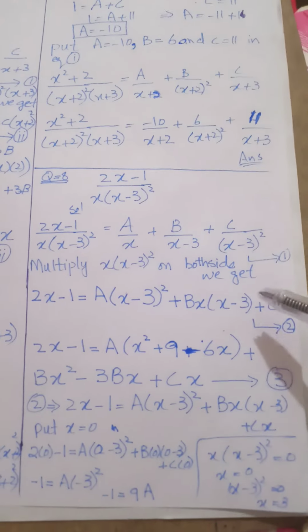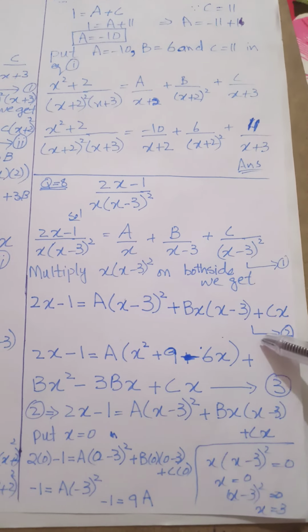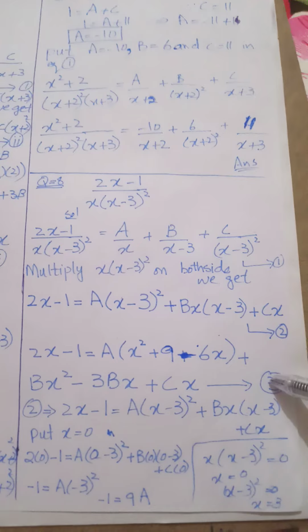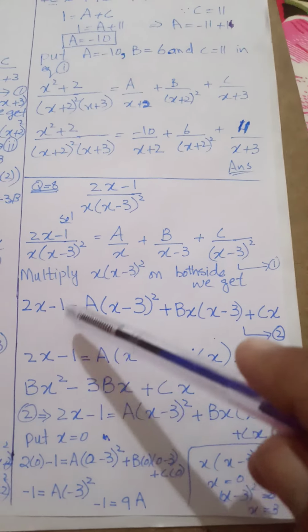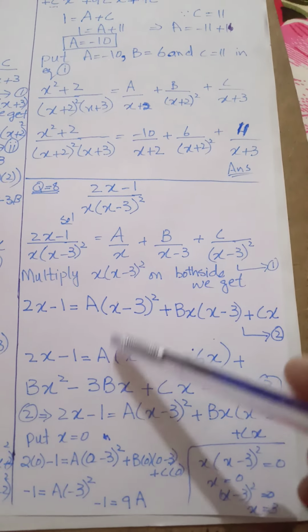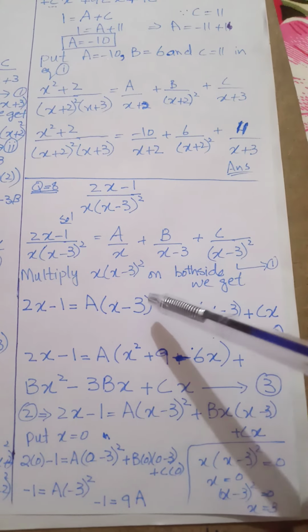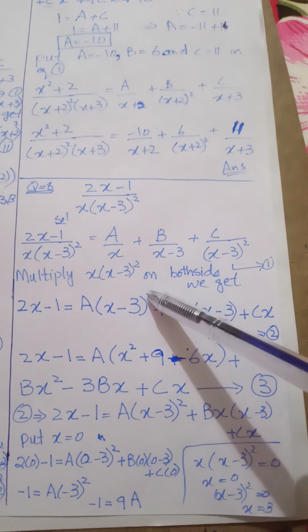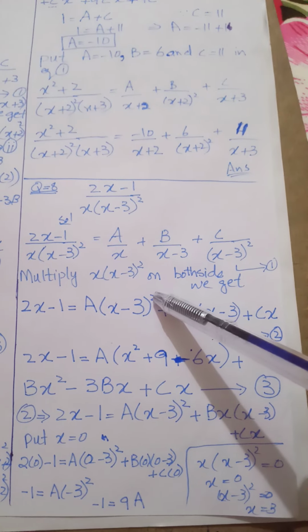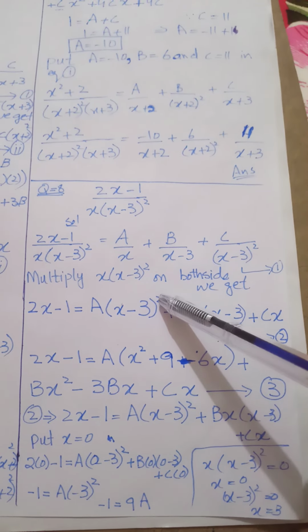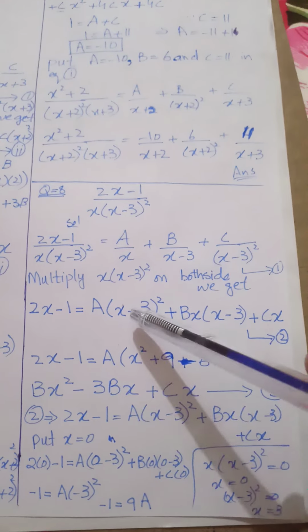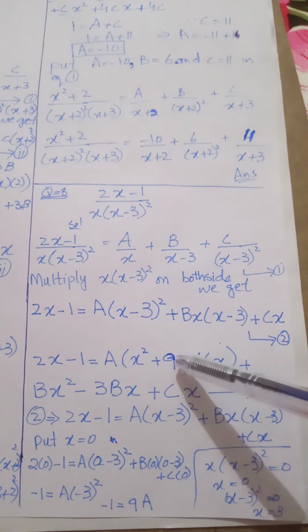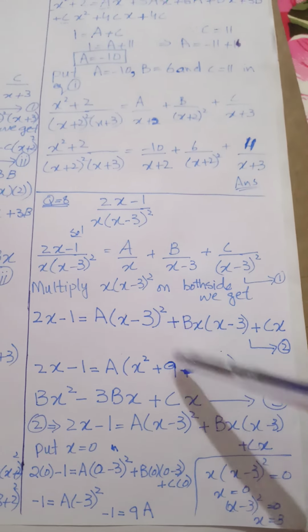So we simplify this equation 2. This is 2x minus 1 equals a into x minus 3 whole square. Now this is the formula: x minus 3 whole square means a minus b whole square. So instead of a we will use x, and instead of b we will use 3.